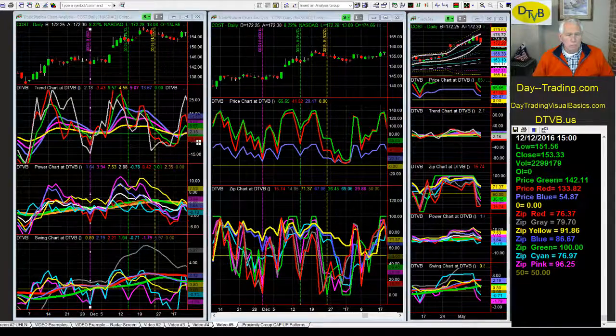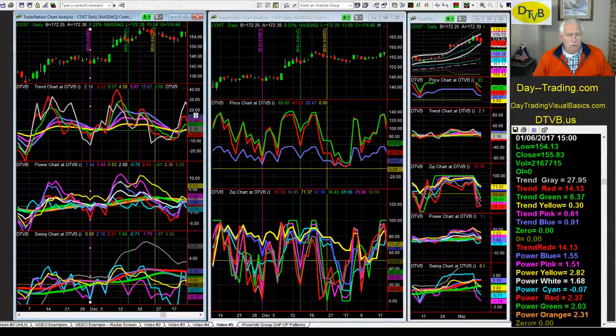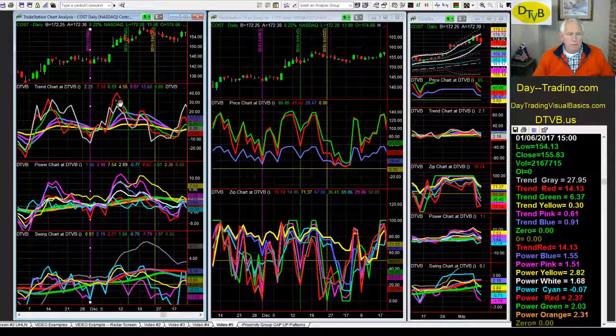But that becomes really obvious when you look over here at the trend red, those two peaks. The loss of power in the symbol or in the market is obviously recorded in the trend red. It barely made it into the price green and price red lines, but in the trend red it was real obvious.